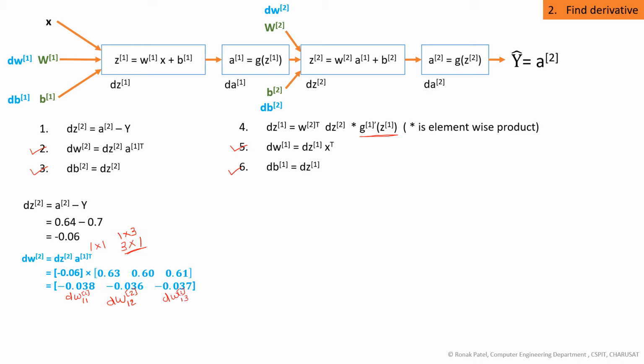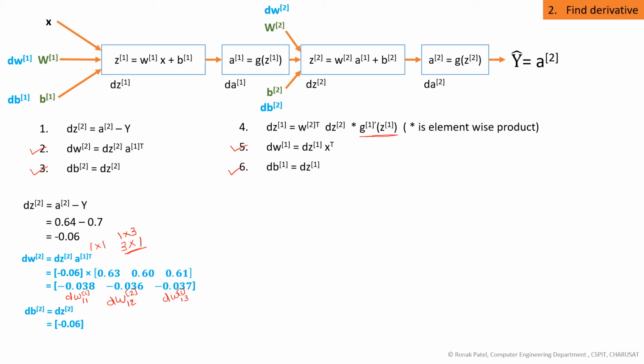We are performing a vectorized implementation, that's why we directly get this 1 cross 3 result.